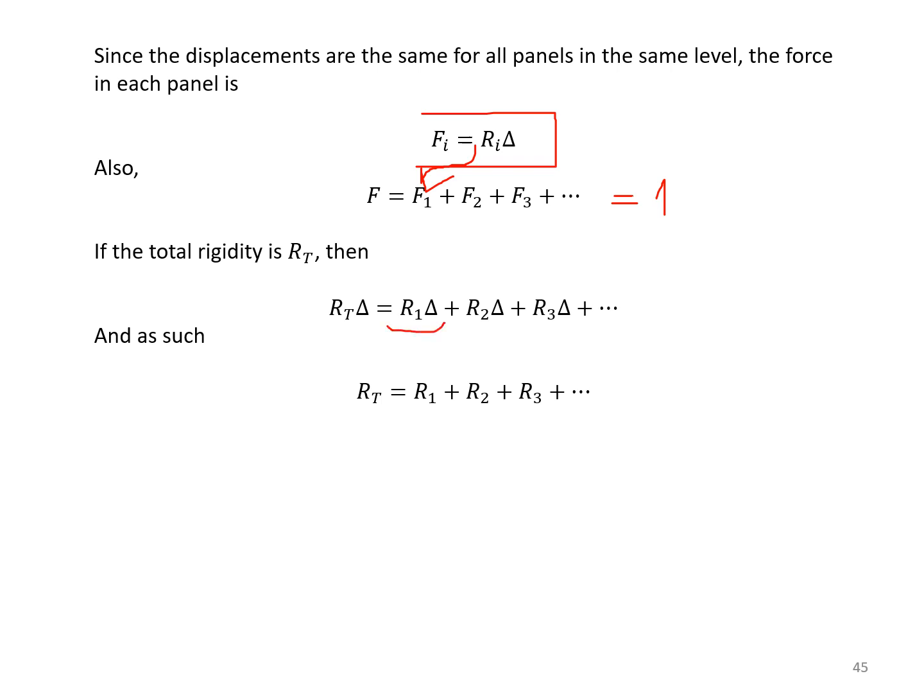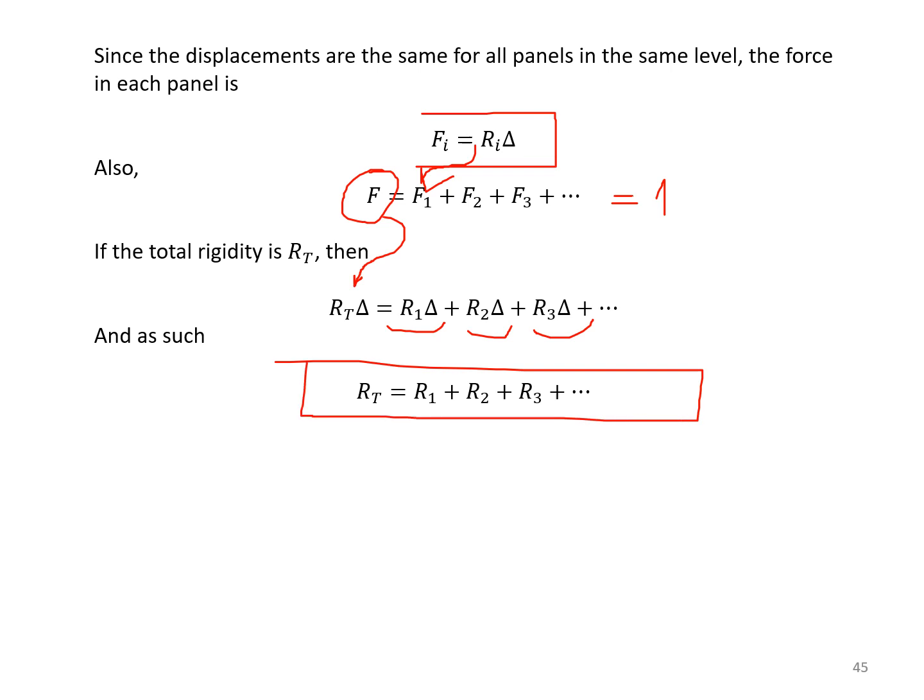You get R1 delta, R2 delta, R3 delta, and the total force, of course, is the total rigidity multiplied by delta. All the deltas cancel out, so we get a very simple equation that the total rigidity, if all the bracing are at the same level, is the sum of the rigidities.